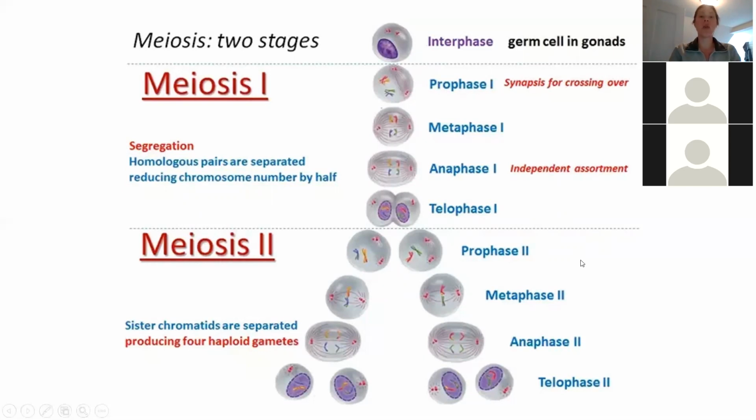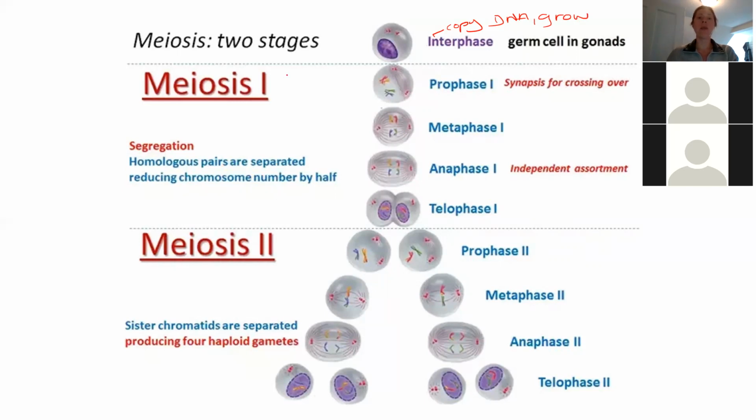So just like in mitosis, meiosis starts with a cell in interphase. So interphase, again, is when we copy the DNA and prepare for division. Okay, so before we start meiosis, we're going to copy the DNA and grow in preparation to divide.